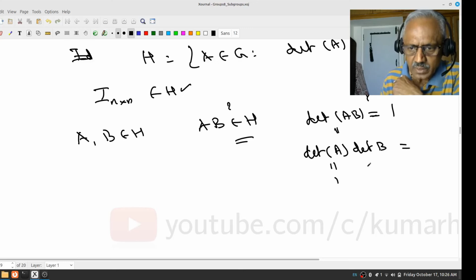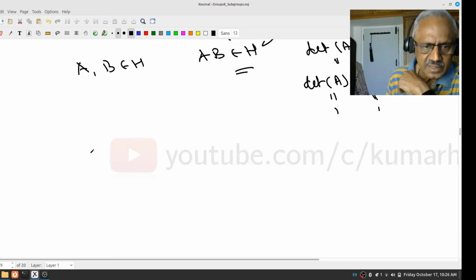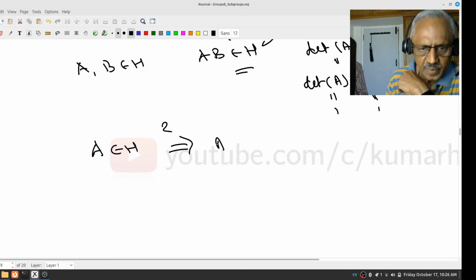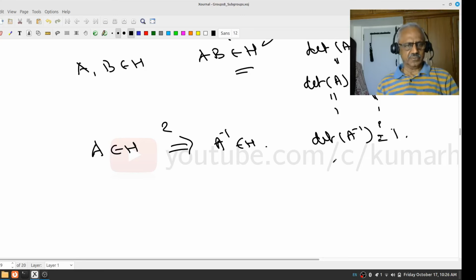And I know this is 1 and this is 1, because A and B belong to H, therefore the product is 1. The next thing I have to prove is, does A in H imply A inverse in H? That means I have to check whether the determinant of A inverse is 1.